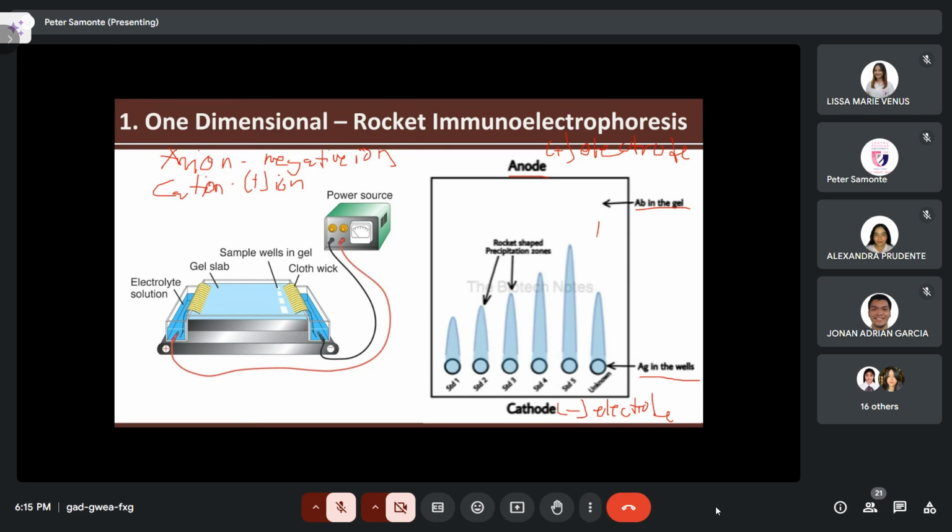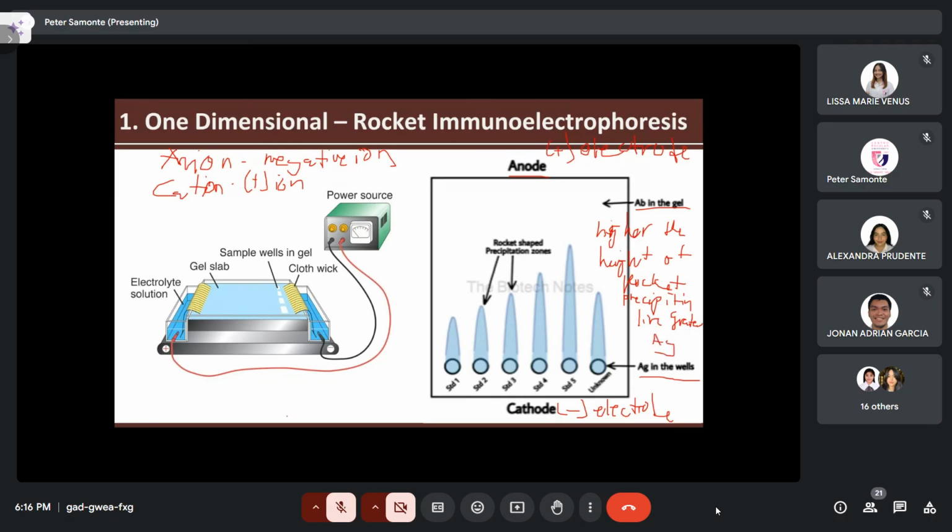So ulitin ko ha, the higher the height of the rocket precipitin line, the greater the antigen present.